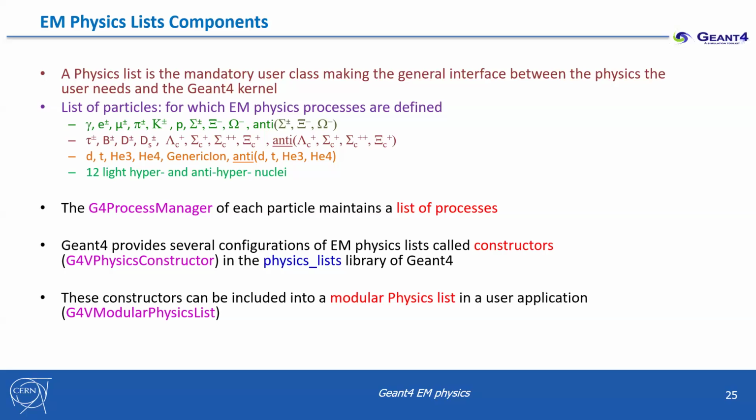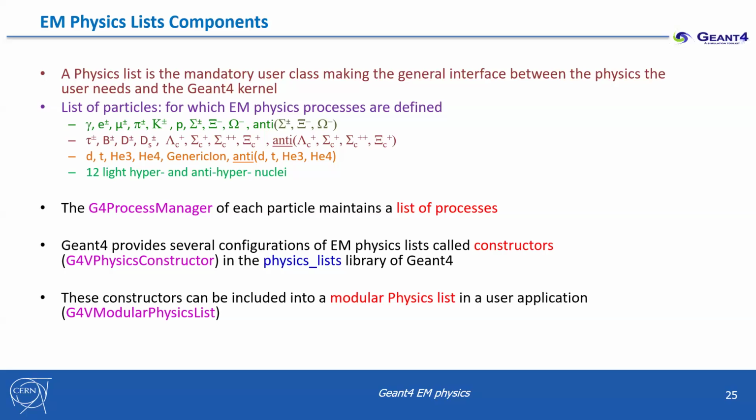There are light ions and generic ions. There are 12 light hyperions and anti-hyper nuclei. And we need to define processes for all of them. For gamma, of course, it is specific, but for charged particles, it is ionization, Bremsstrahlung, all these things.